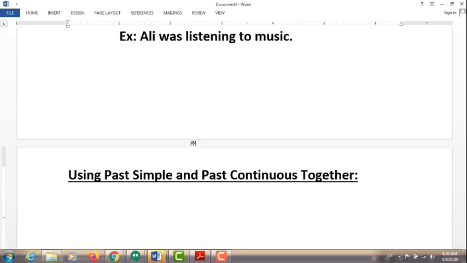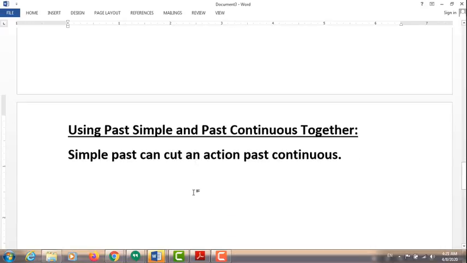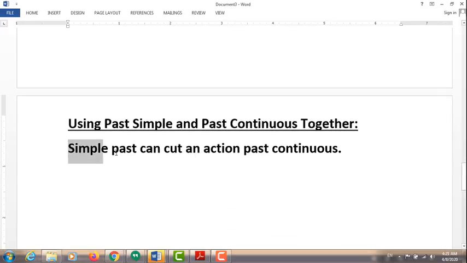For example, look at this one, okay? Simple past can cut an action in past continuous. That means it can interrupt or completely cut an action. It can disturb. Simple past can disturb an action that is in the past continuous.